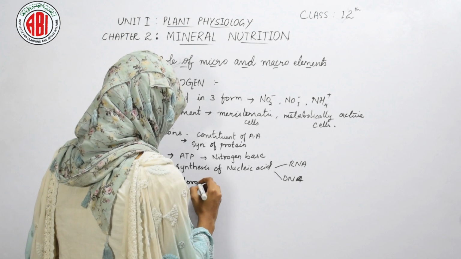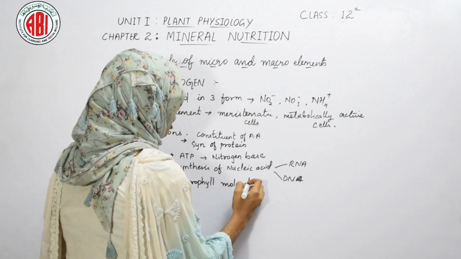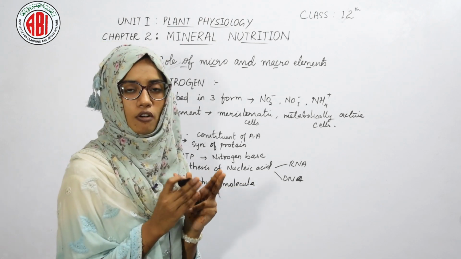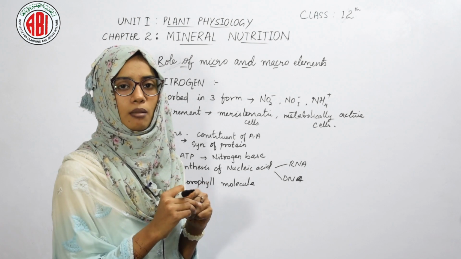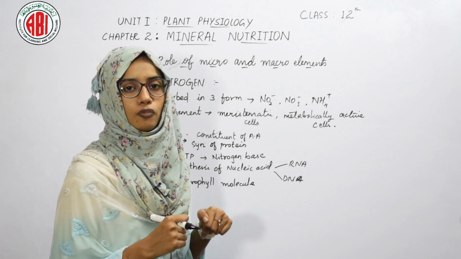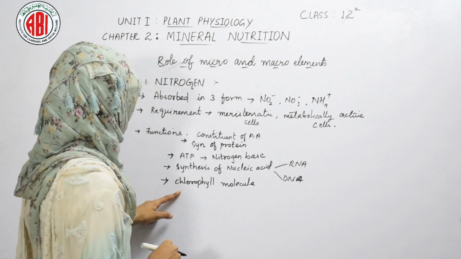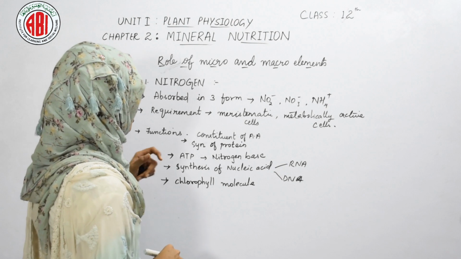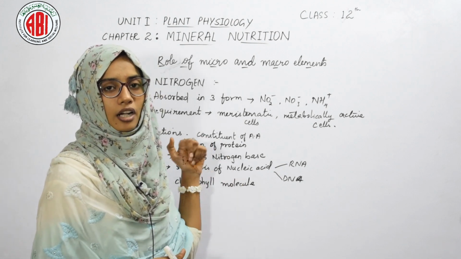It is also essential in making up the chlorophyll molecule, because the chlorophyll molecule is made up of a magnesium ion in the middle, and that magnesium ion is attached to 4 nitrogen atoms. Hence the making of the chlorophyll molecule requires nitrogen.